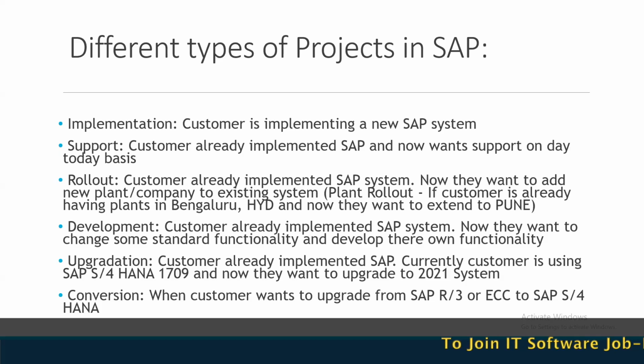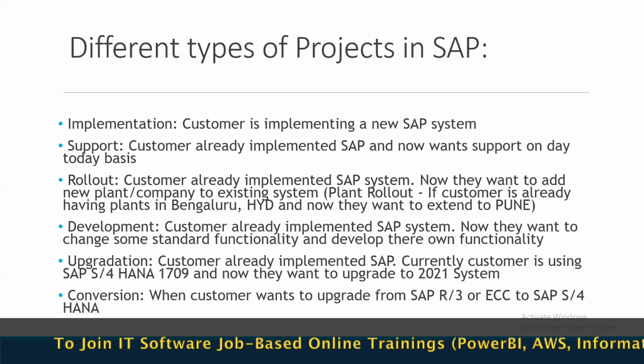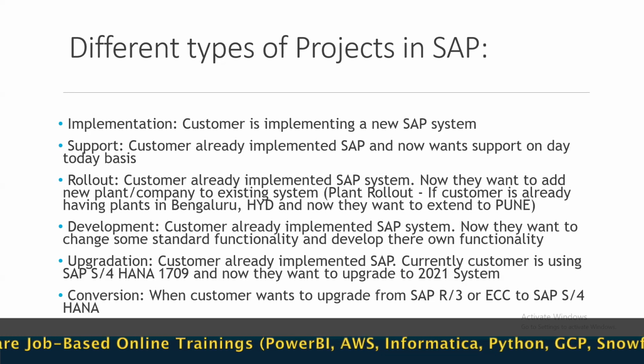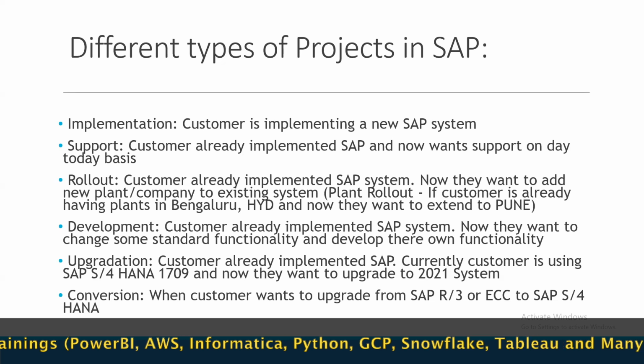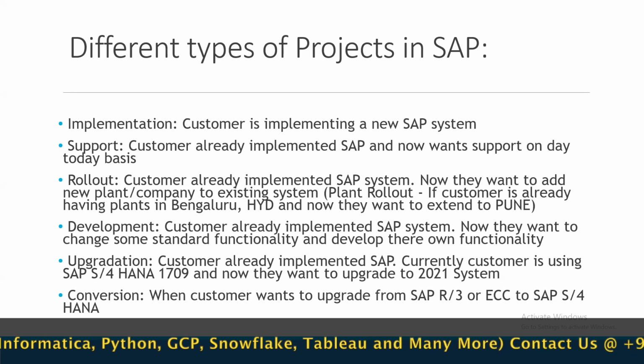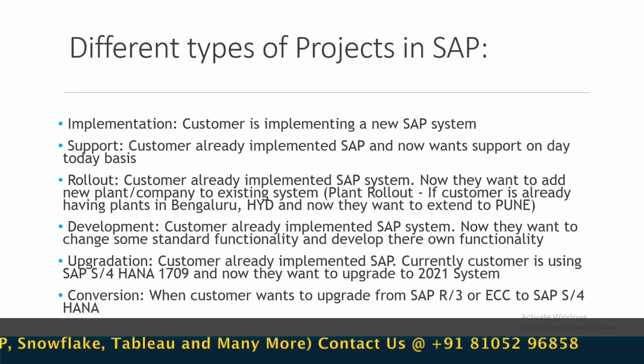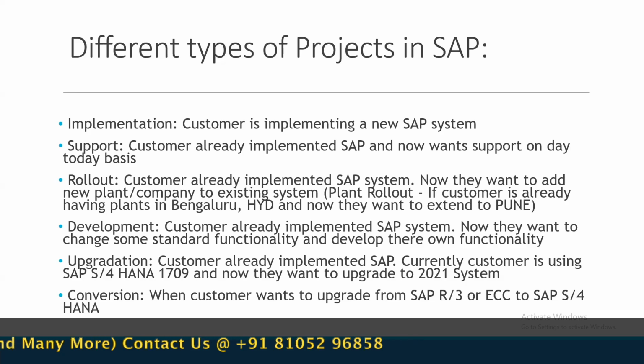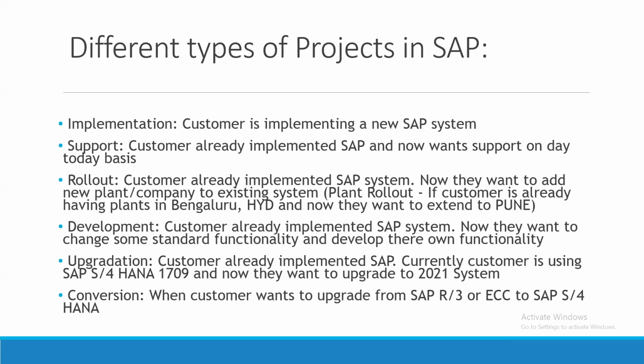Such a conversion from the older part, that is ECC, to the newer part, that is the HANA database, is a major change. In such projects SAP is the same. In an implementation, your company is using SAP only as a new software, whereas earlier they were using some old software and now they wish to switch to SAP. Such a type of project we call implementation.